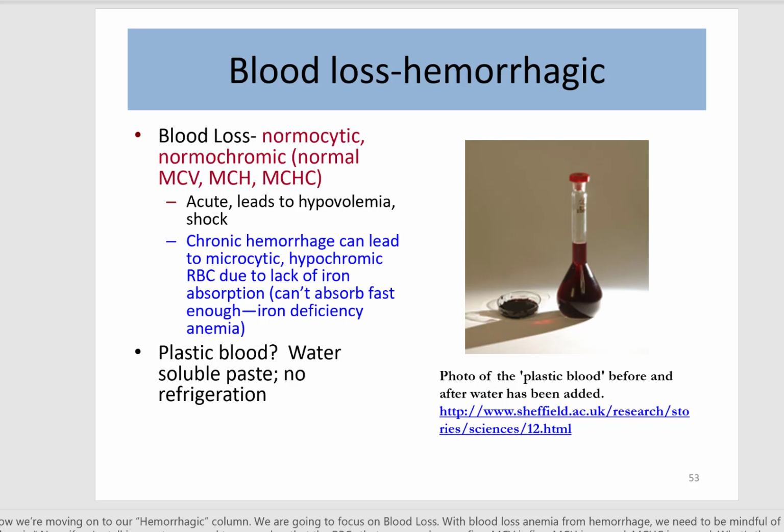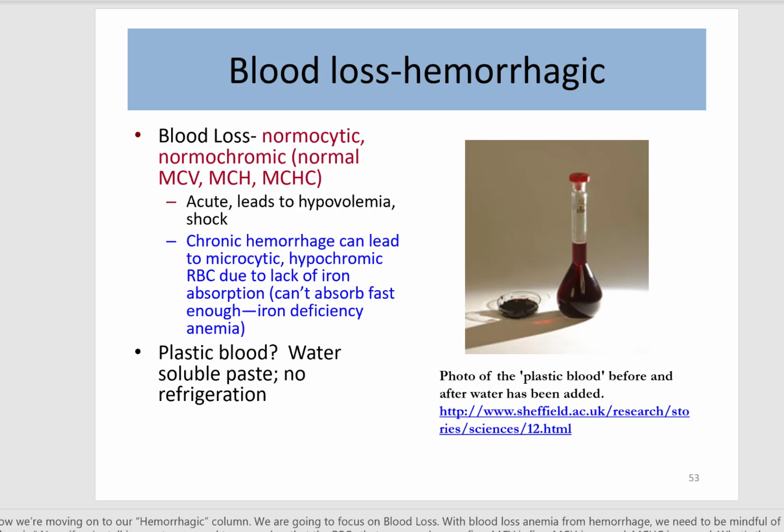Normal mean corpuscular volume, normal mean corpuscular hemoglobin, normal mean corpuscular hemoglobin concentration. When it's acute hemorrhagic anemia, it really means that you have hypovolemia. You have reduced blood volume. This can lead to shock and death very readily.